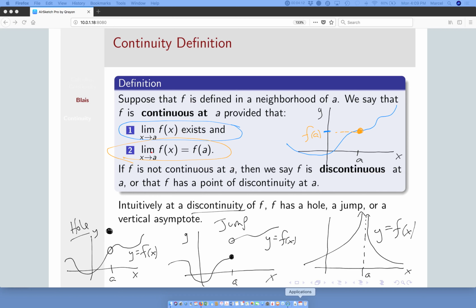Remember, we call the limit infinite in this type of case, but that's a type of non-existent limit. It's a characterization of one kind of non-existent limit. So the limit doesn't exist, and also f of A doesn't exist because A is not in the domain of f. So for this type of asymptotic discontinuity, it's actually breaking both 1 and 2. But these are the types of discontinuities that we'll see.